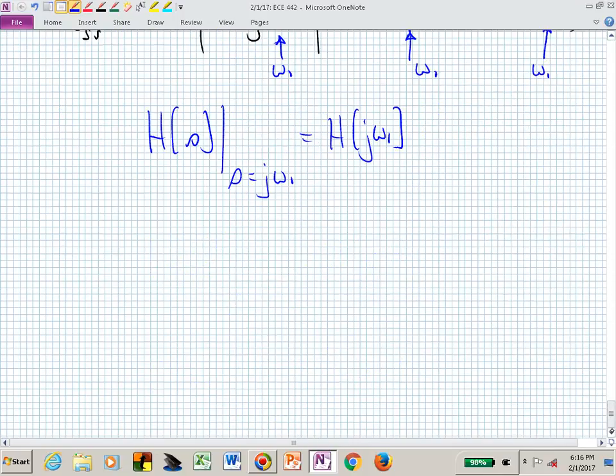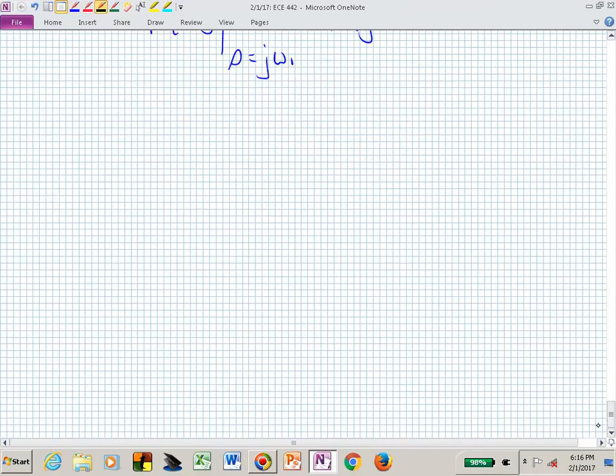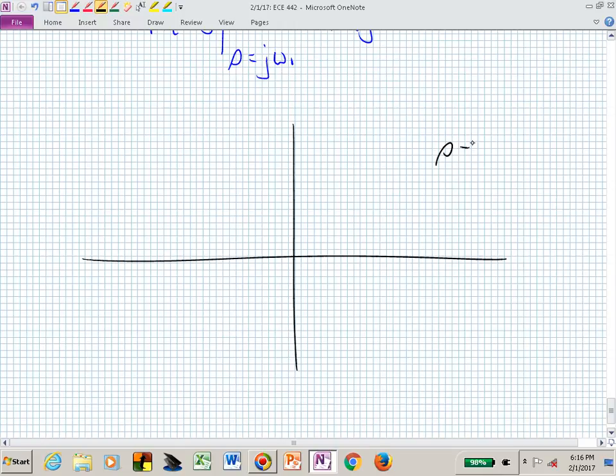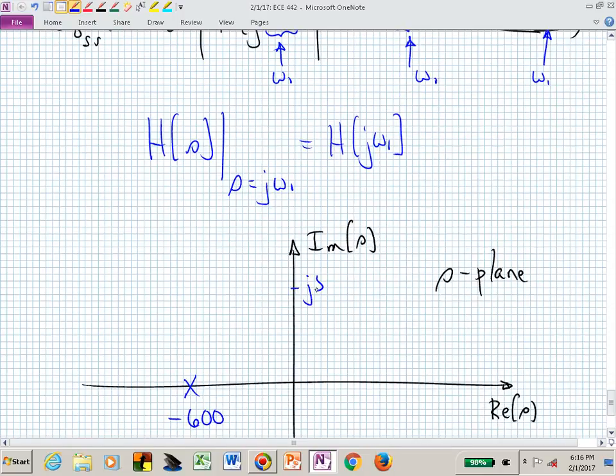And we could find all of those also in a complex plane sketch in the S-plane, where this is now the real part of S. Here's the imaginary part of S, and we have a pole at minus 600, and if we want h of j omega 1, and omega 1 is 500, we need to evaluate the transfer function h of j omega 1 on the imaginary axis at j omega 1, which is j 500.